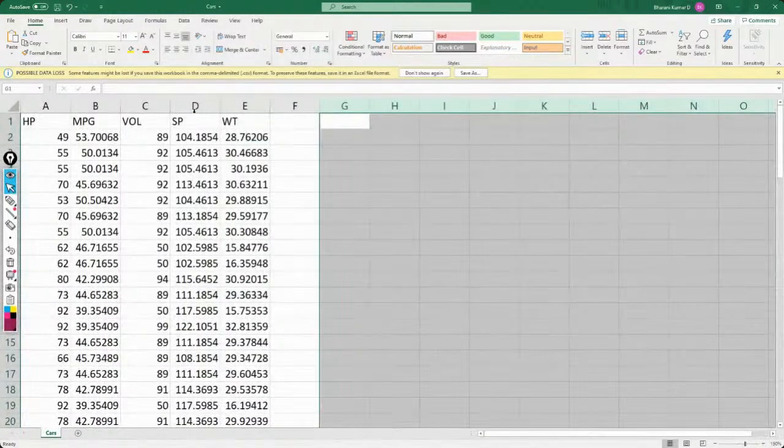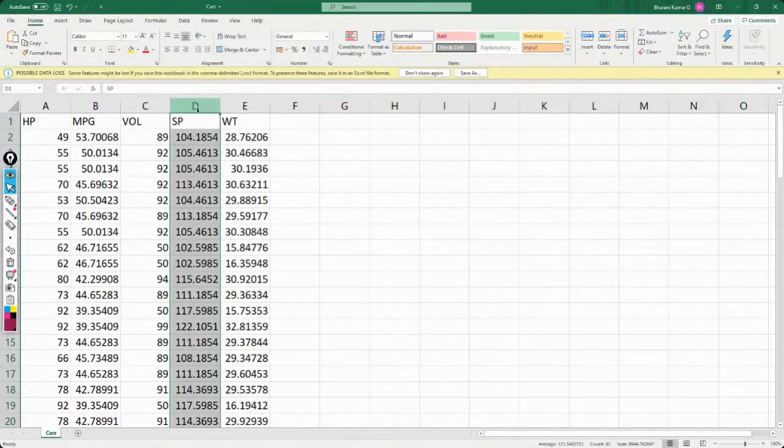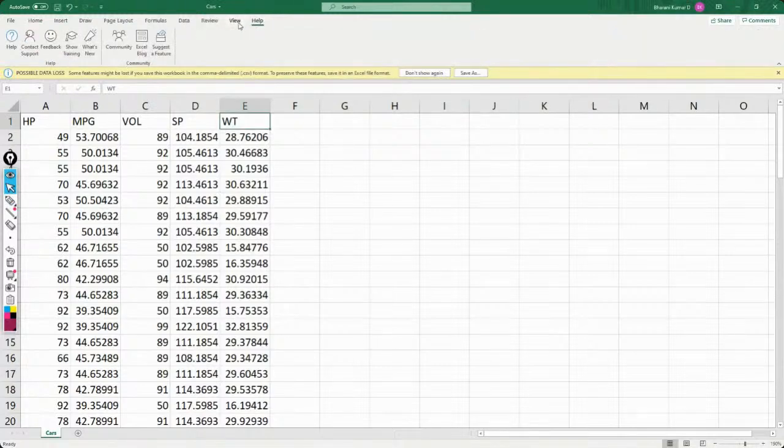Say you have two columns called top speed and weight. Now here, for now, just pretend as if you know about linear regression.